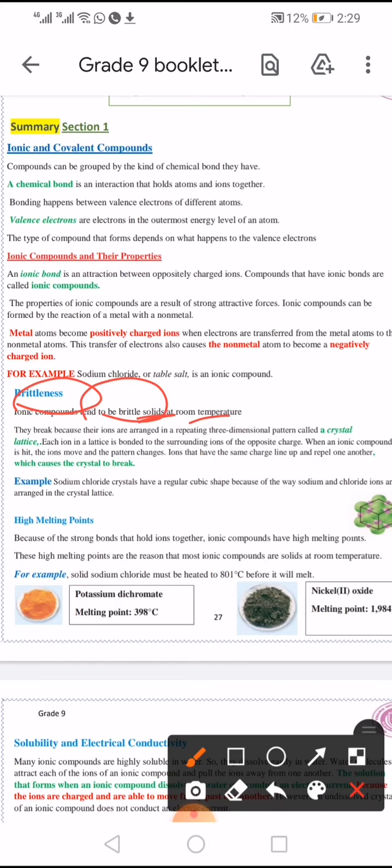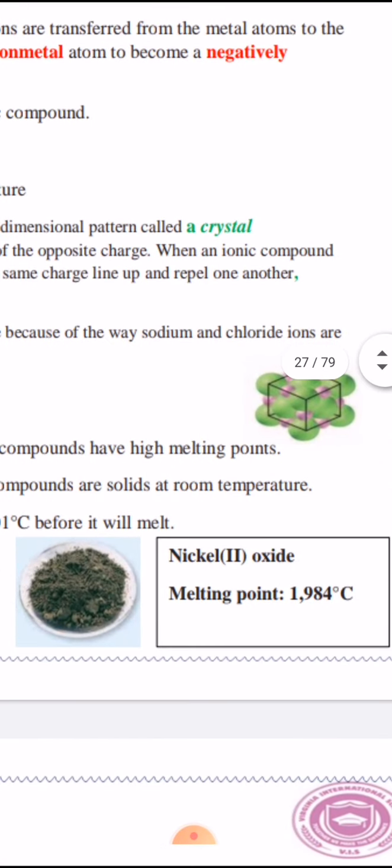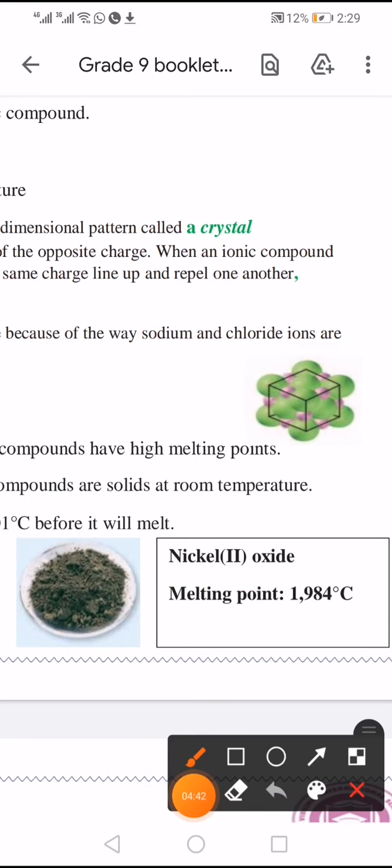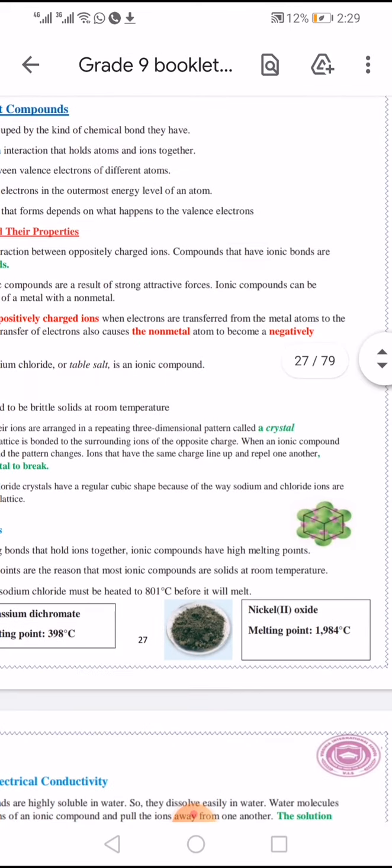So table salt is easy to break, which is a property called brittle. Why? Because the ions in table salt, for example, are arranged in a repeating three-dimensional pattern called a crystal. Look, the ions inside the table salt are arranged like crystals, like this, in a three-dimensional pattern.